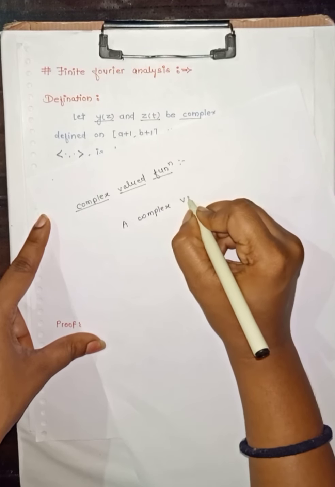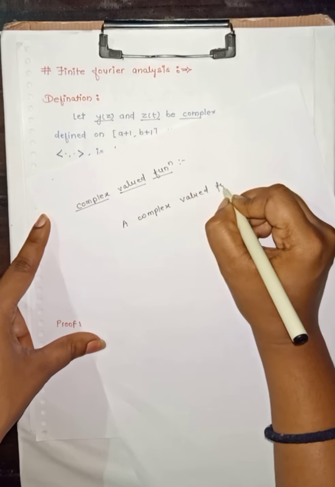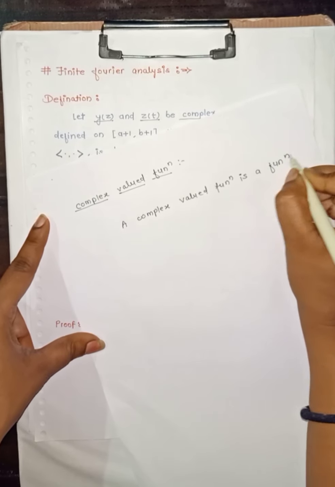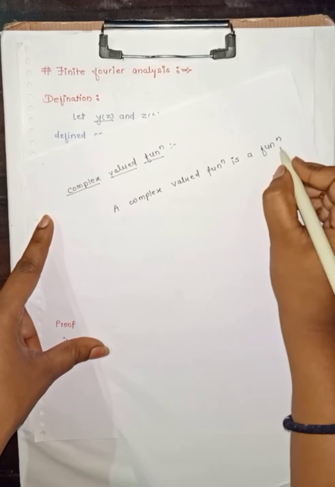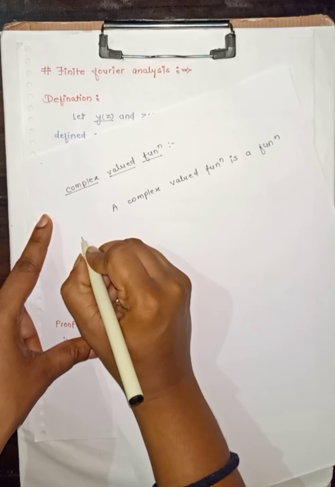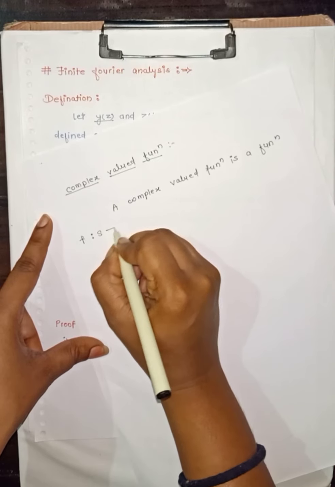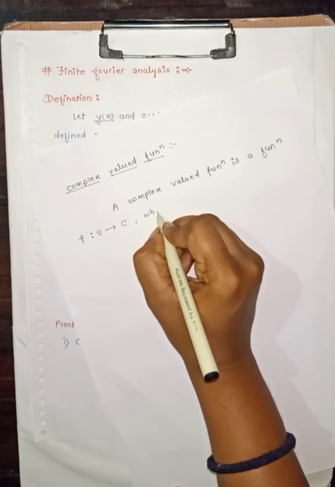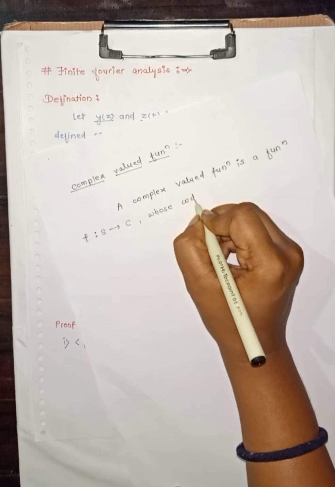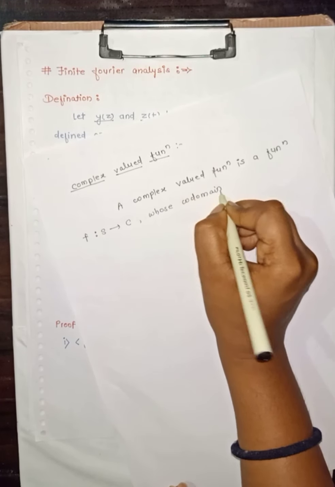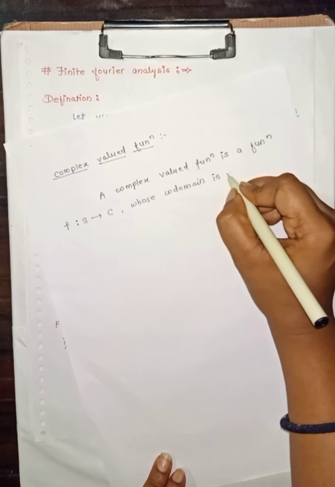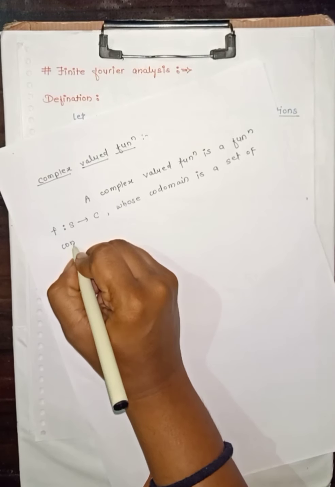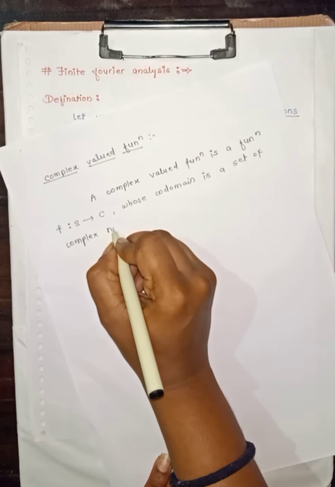A complex valued function is a function f from S to C whose codomain is a set of complex numbers C.